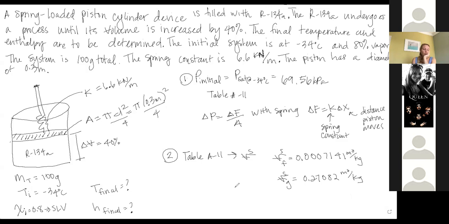So these are our initial values at negative 34 degrees Celsius. We'll have final values at some other given temperature, but we don't know what that temperature is. We do know that our volume changes 40%, so we can work with that value.